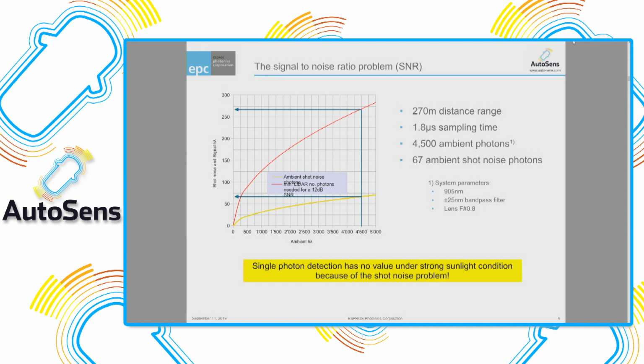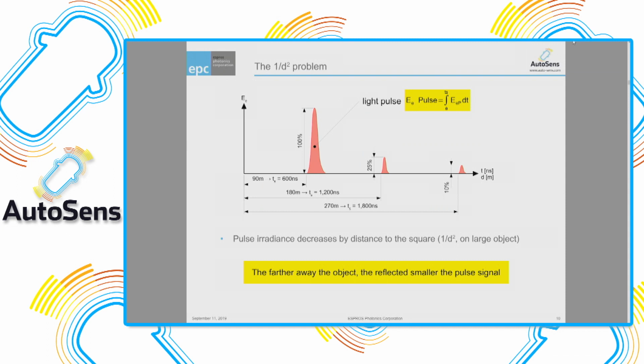So this curve shows how much light you need to be reflected from your object so that you can do a reliable detection of the object. So that means about 270 photons. So quite a lot of photons are needed to detect a single pulse.